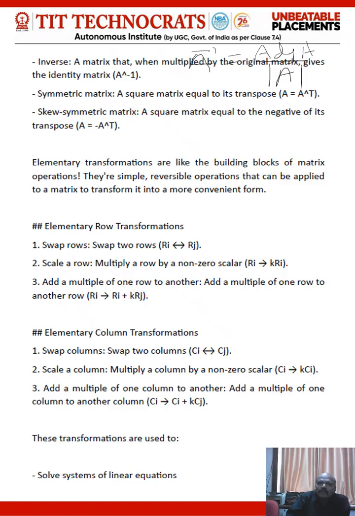So how shall we proceed? We need some properties. What are these properties? Properties are nothing but elementary transformations. So elementary transformations are like the building blocks of matrix operations. They are simple, invertible operations that can be applied to a matrix to transform it into a more convenient form.